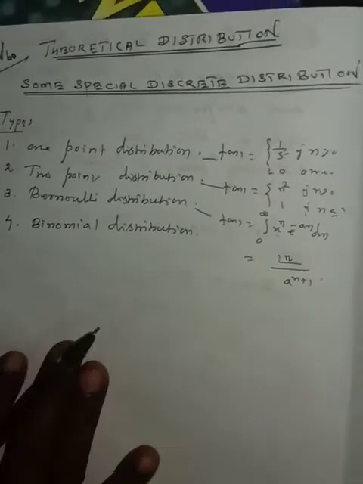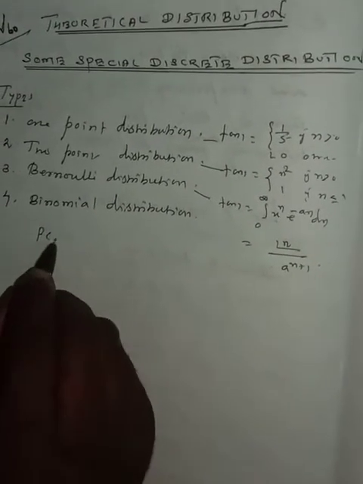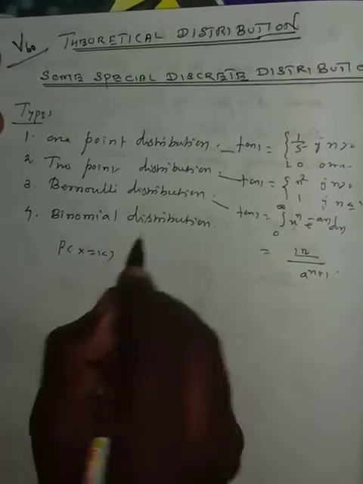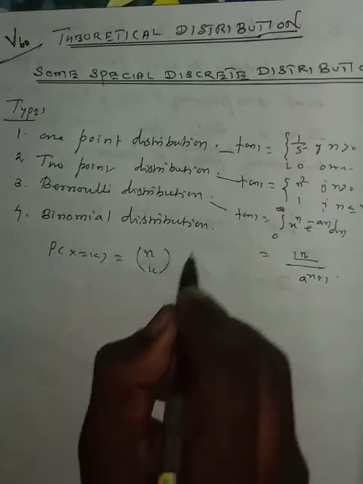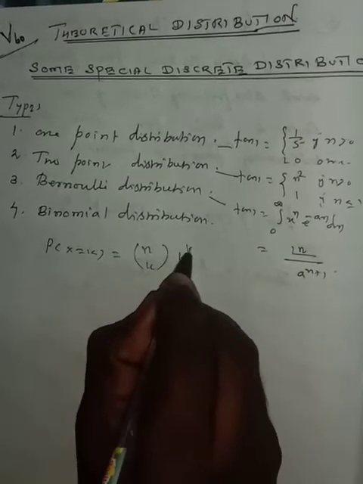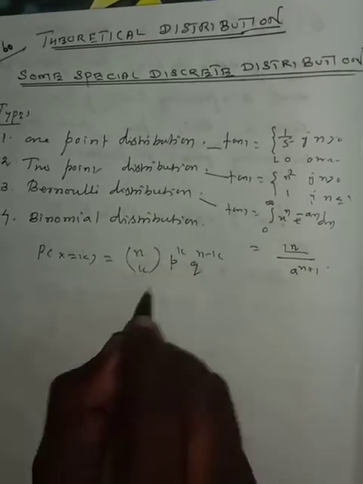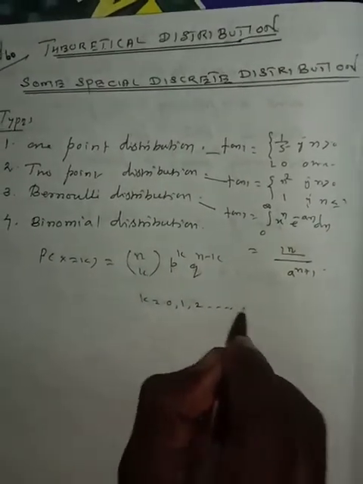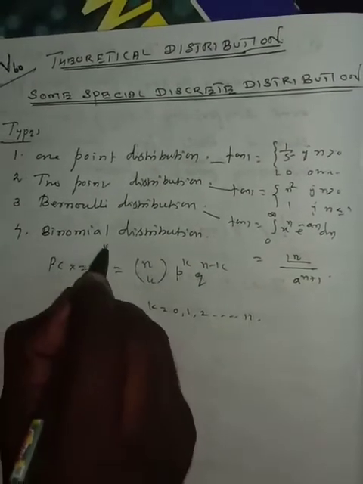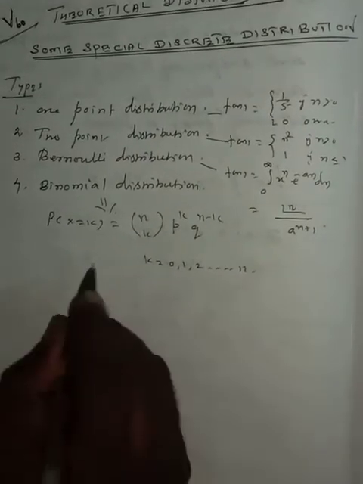Next, binomial distribution is P of capital X equal to k, n c k p to the power of k q to the power of n minus k, for k equal to 0, 1, 2 and so on to n. This is binomial distribution.